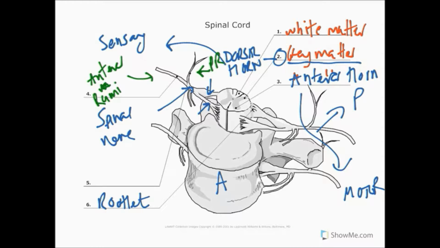So 5 here would be the posterior ramus, and 4 would be the anterior ramus, and that completes the labelling of this diagram.